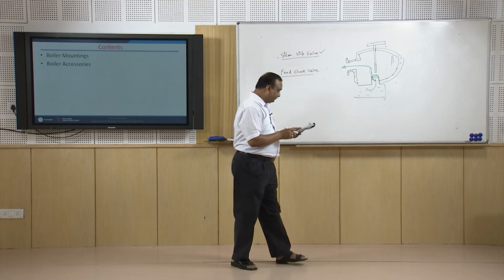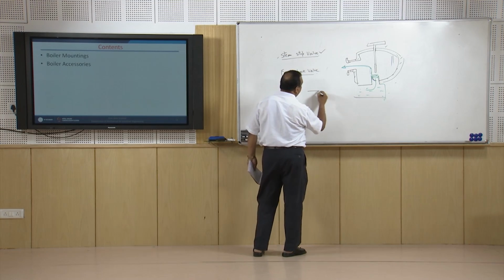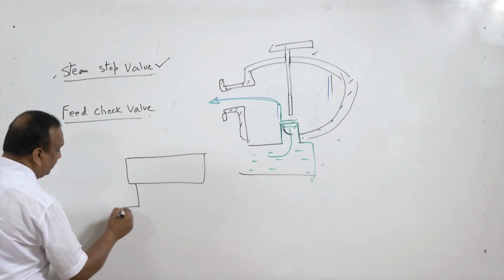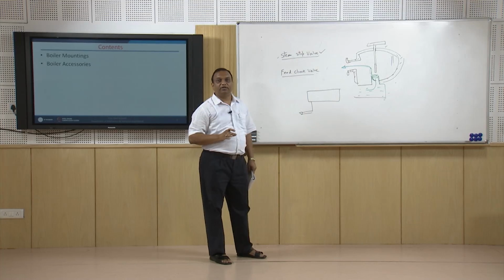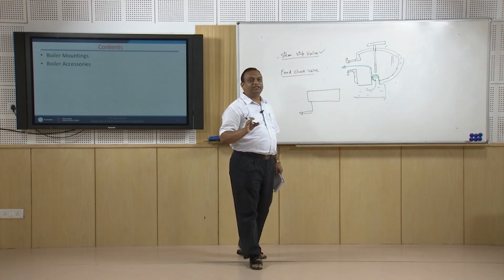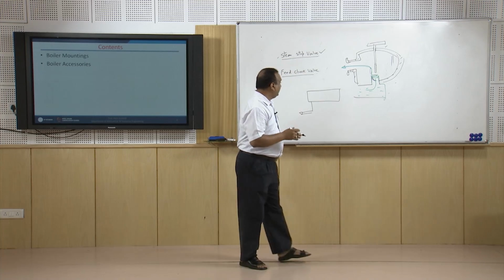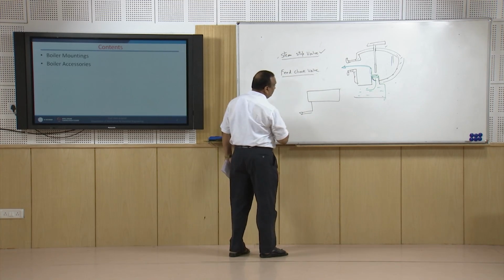A boiler has a blow off cock. The blow off cock is placed in the bottom side of the boiler. This is the blow off cock. The function of the blow off cock is to remove the sediments and impurities from the boiler, because during hours of operation of the boiler, sedimentation takes place. So intermittently this blow off cock is opened.